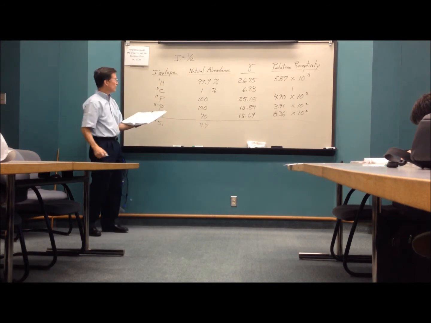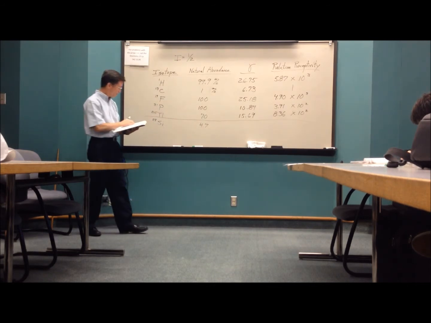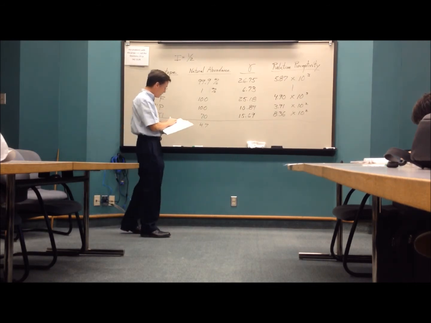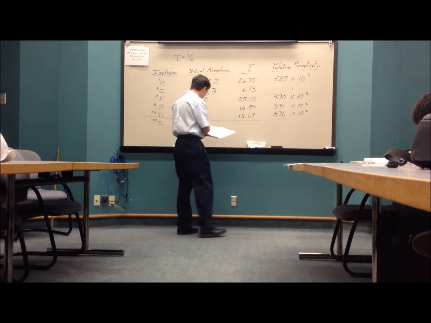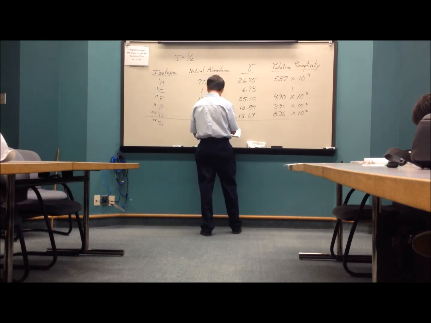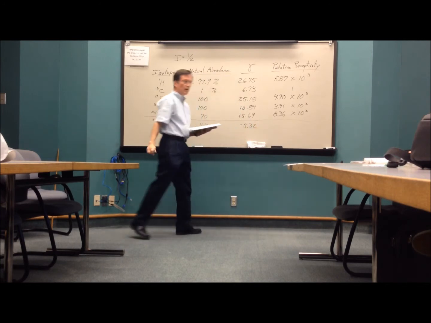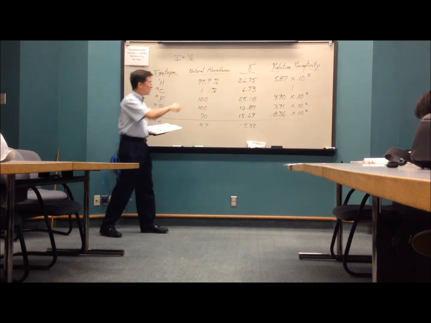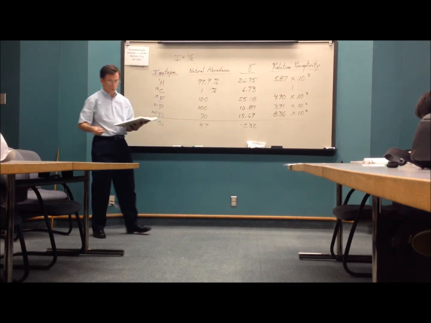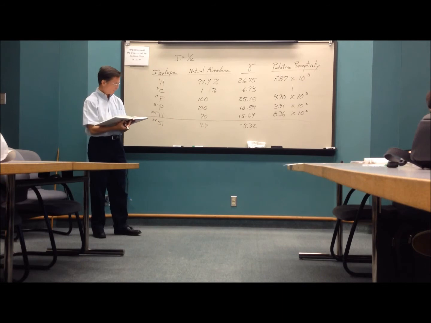Okay, not terribly abundant, but better than carbon-13. Its value for gamma is actually a negative 5.32. So gamma can have positive and negative values. I assume it's associated with the value for the magnetic moment. I'm not sure how that comes in there.